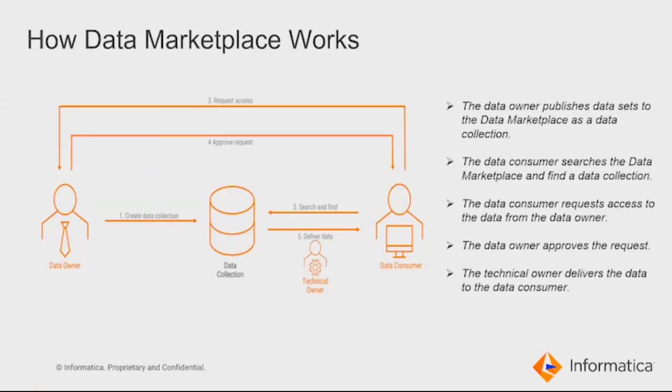A data consumer can search and find the product. And if he raises a request, it will reach the data owner. Once approved by the data owner, the data asset is provisioned to the data consumer. That is how the flow of requests between data owner and data consumer works.